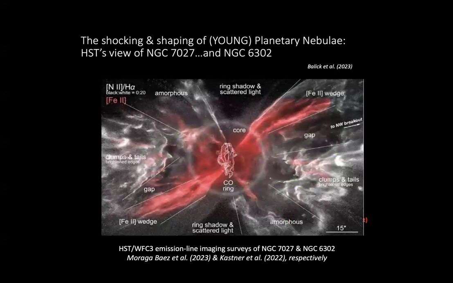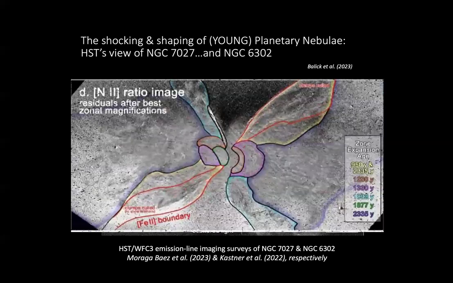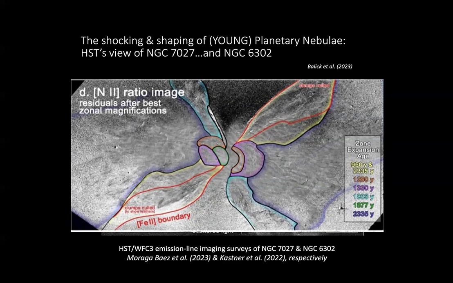This is a map of all the different zones that one can identify by looking carefully at the different emission line signatures that we see. And if you do an even more careful job, by comparing our Hubble images from 2019, 2020 with images taken in 2009 with the Wide Field Camera, you can actually see the expansion of the nebula.